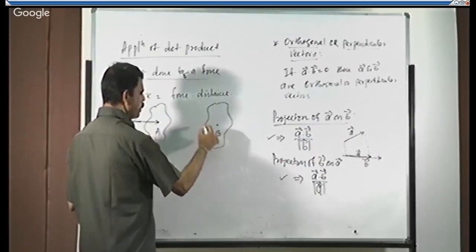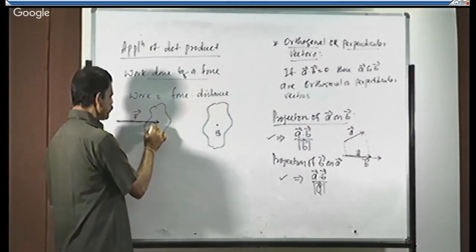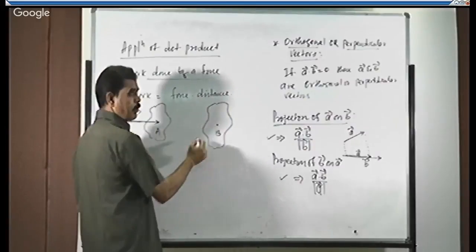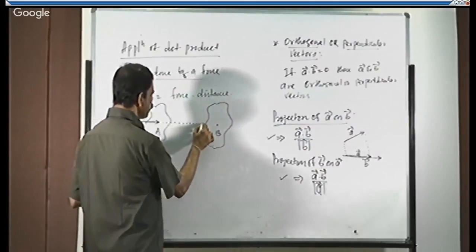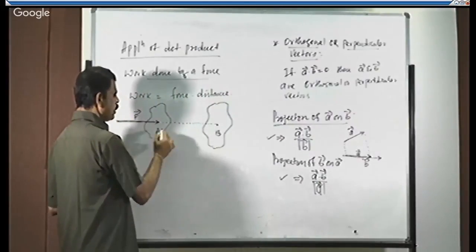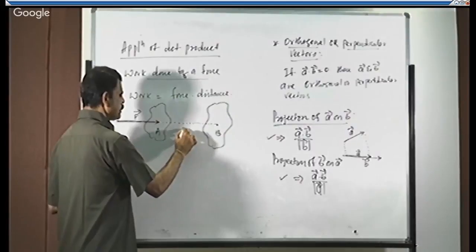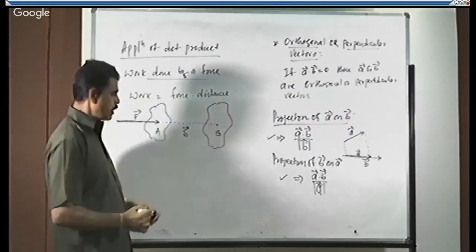It is B. Earlier it was at A. After application of the force F, it moved to the point B. The distance moved by the body is from A to B. I will call it vector S because it is moving in a particular direction.